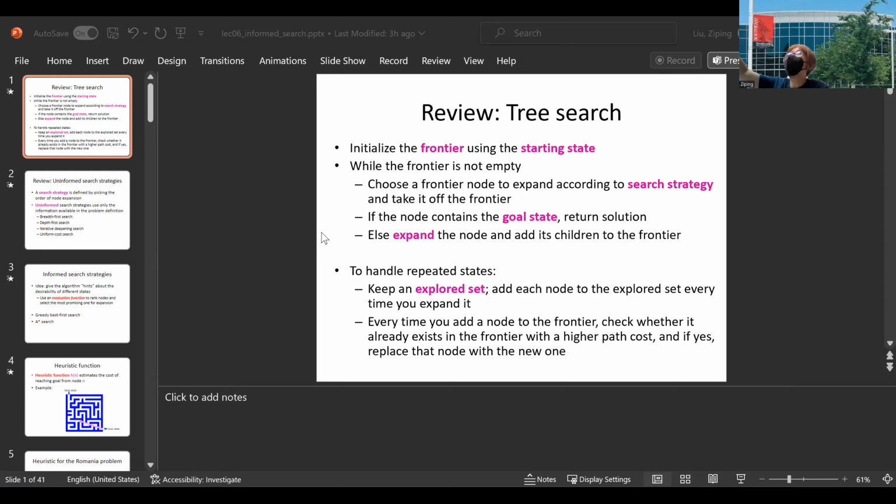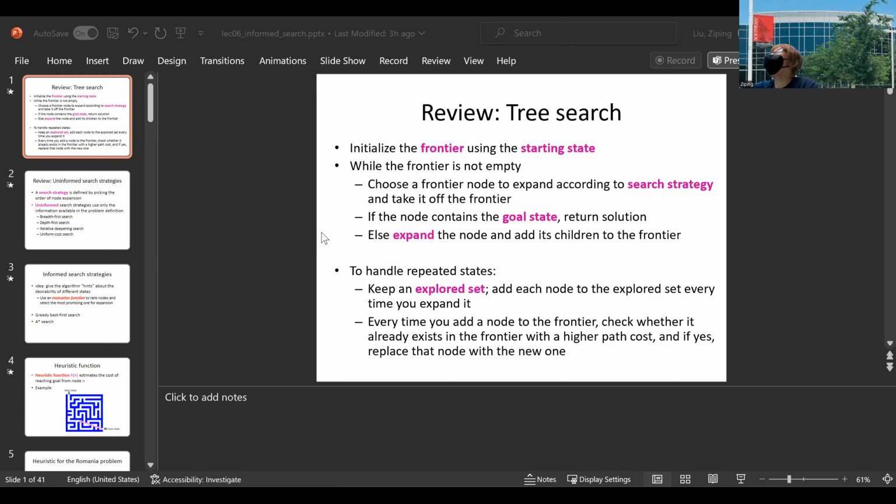Let me ask you a question. For breadth first search, the node to expand is what node in the frontier? It's the first node in the frontier. It's a queue. For depth first search, it's a stack.